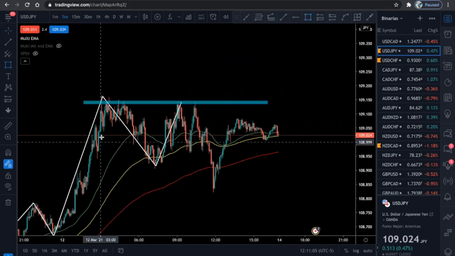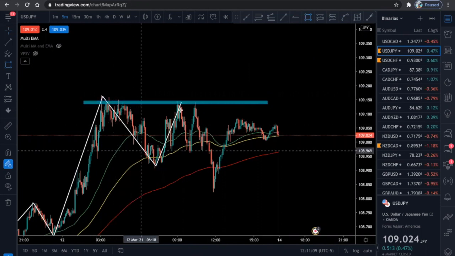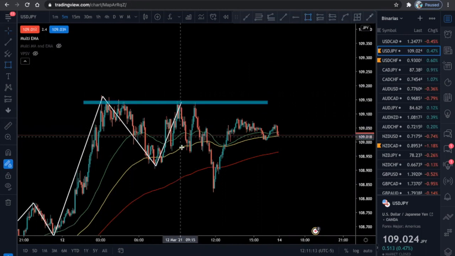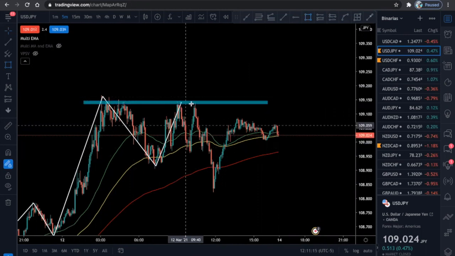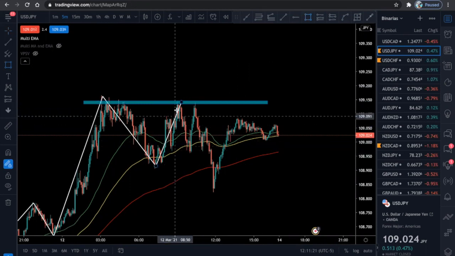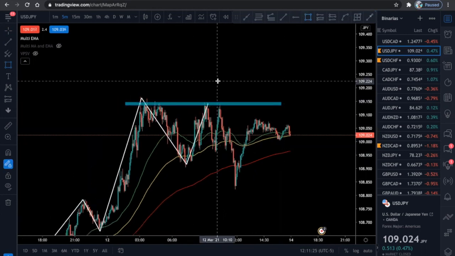Check out, price goes and ceiling, ceiling, ceiling, ceiling. Resistance, resistance, resistance. It cannot break the resistance. So that means that every time the price comes here, I have a potential rejection area.